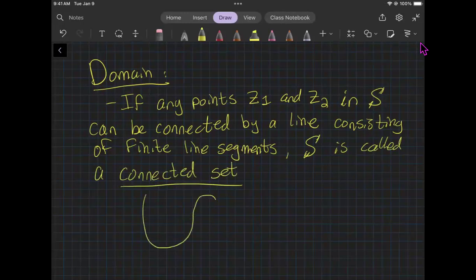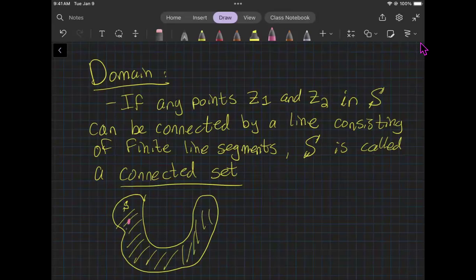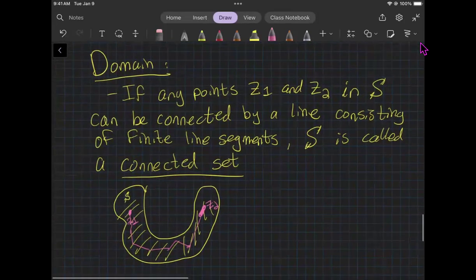So if I have, let's say, a set that looks like this. So here's S, right? And if I have 2 points in this set, Z1 and then Z2 is over here, right? I can connect Z1 and Z2 by following these line segments, right? It's just constructing line segments so you can connect Z1 to Z2 in some way.